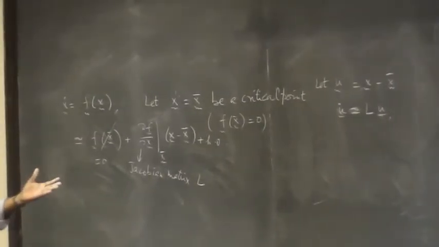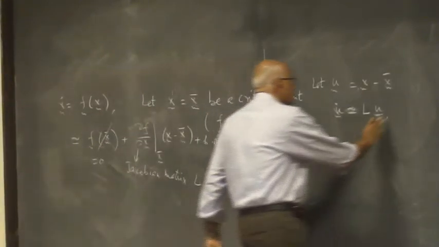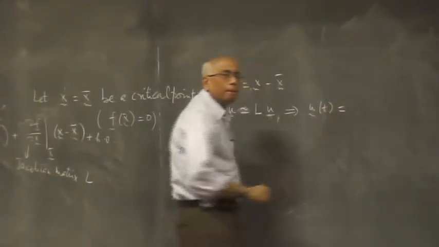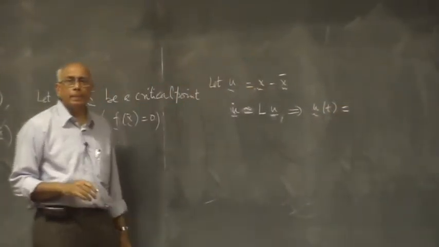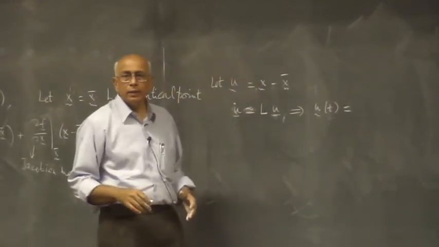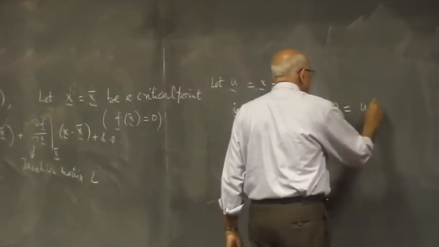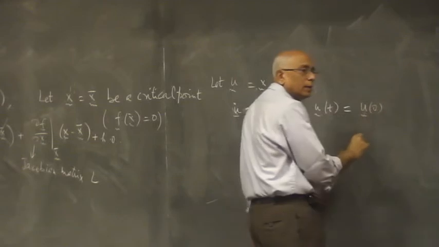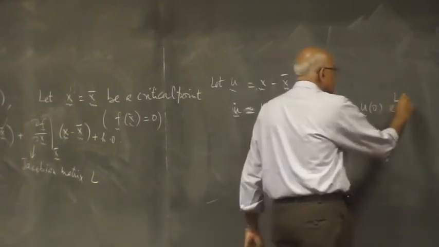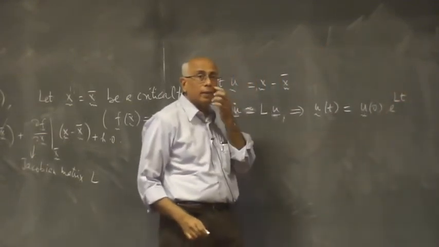What's the solution? It must depend on the initial condition, u0. Well, that's an n by n matrix, and this is the column vector.